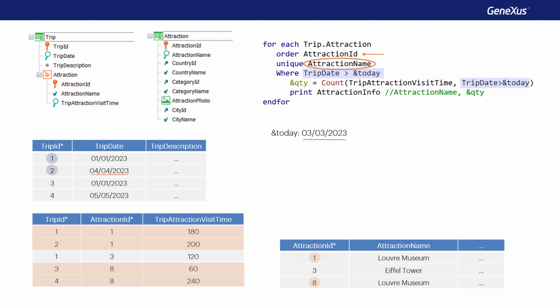The second one does. The third one does not, and the fourth one does. If the count formula also includes the same condition, then the output will show Louvre Museum and 2. If we had not added the same filter condition for the formula, Louvre Museum and 4 would be displayed.